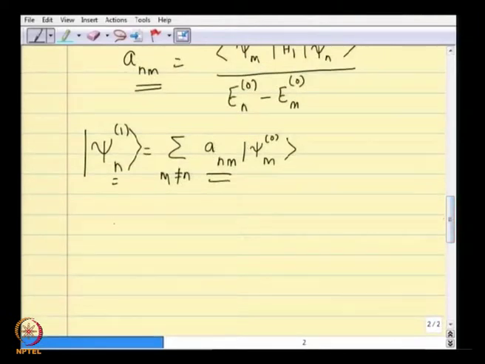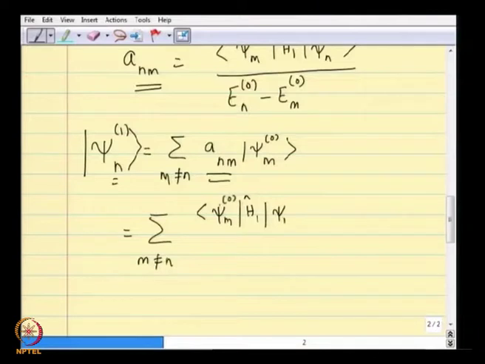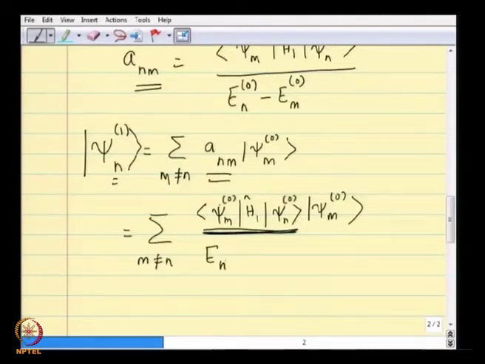So if you substitute that, what we get is the summation, namely m not equal to n psi m h1 psi n times the ket vector psi 0. Please remember this is a number, this is a complex number, and it's an energy, because the wave functions when integrated out will give you a number, and this is the Hamiltonian operator, the energy operator. So what you have is energy, and divided by this energy term E n 0 minus E m 0.